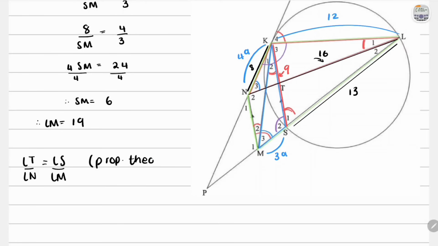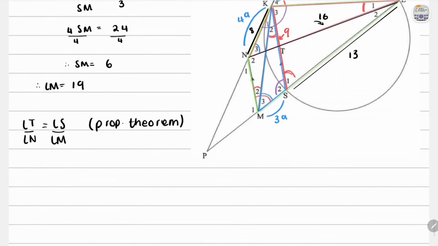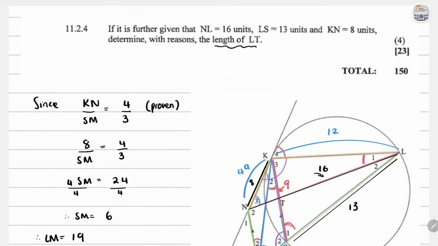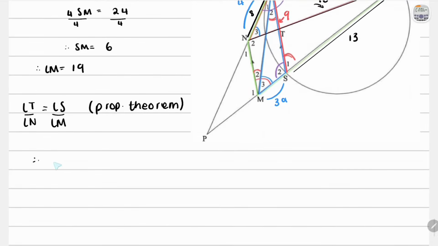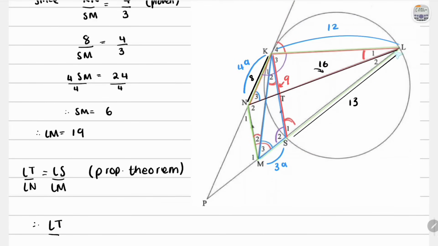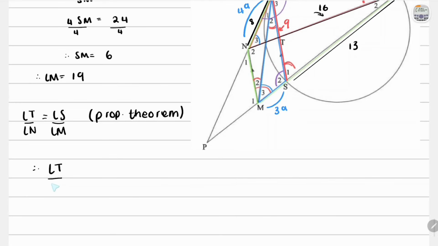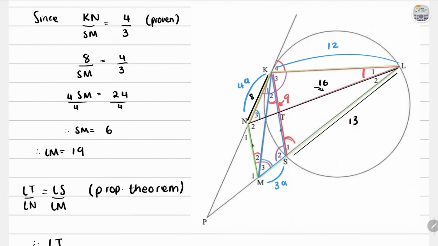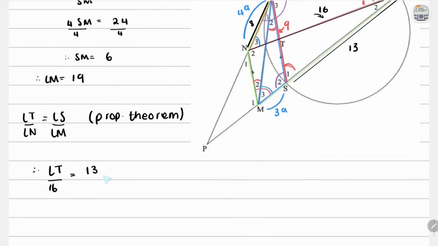Let's substitute. LT is what we are looking for, so we'll leave that empty. LT over LN, that is this entire length, which they told us was 16 units. So over 16 is equal to LS, which is 13, over LM, which we found to be 19.